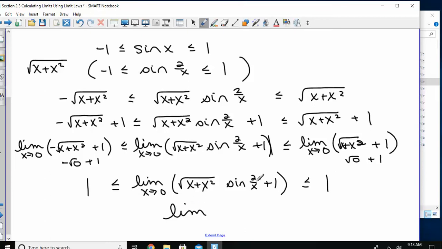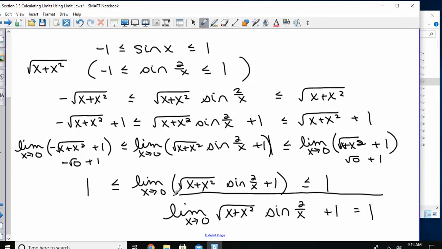So since those are the same number, I know the middle has to also equal 1. Any questions about the squeeze law?